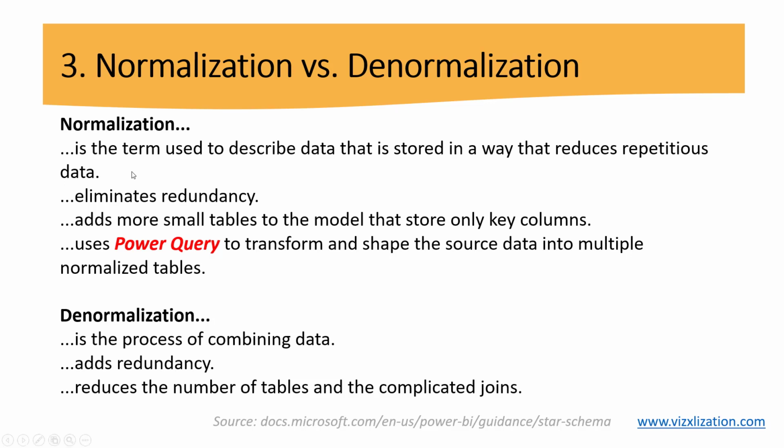Like it says right here, this term is used to describe data that is stored in a way that reduces repetitious data, eliminates redundancy, adds small tables to the model, and also uses Power Query to transform and shape the source. And then denormalization is the opposite. We combine data here, add redundancy, and also reduce the number of tables and the complicated joins. So now let's move on to the next slide.